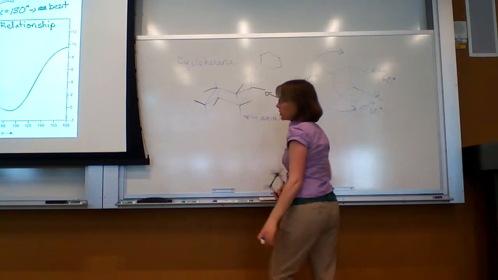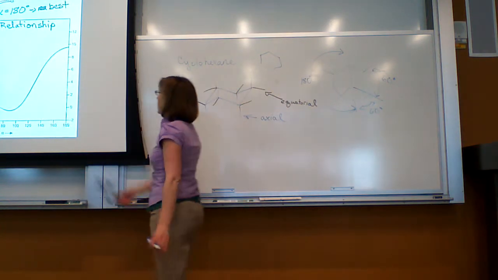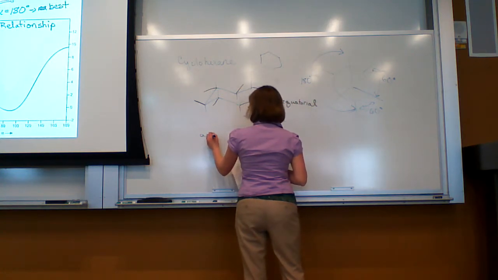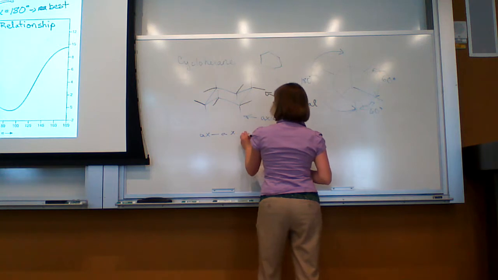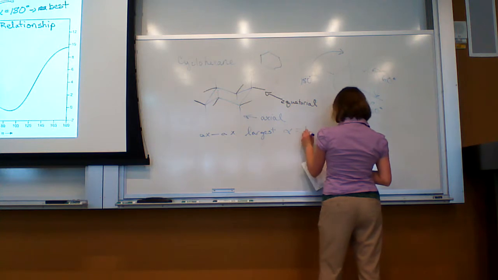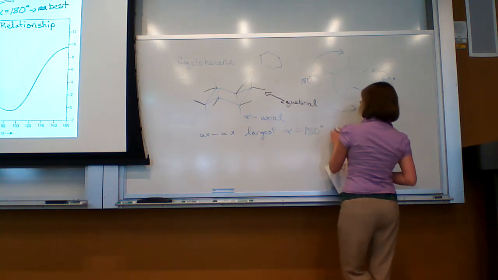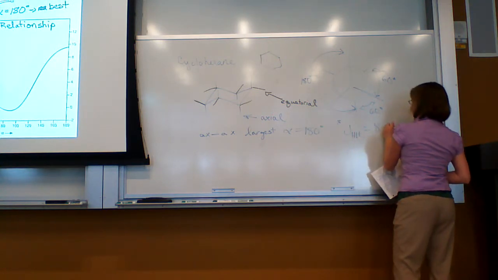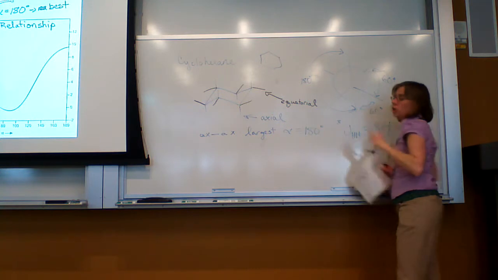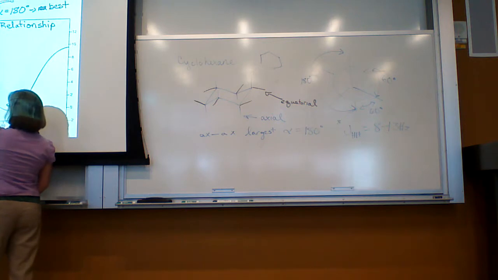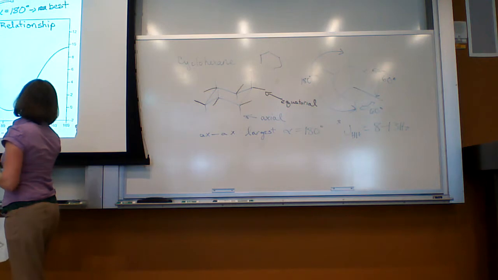Going back to the Karplus, the 180 has the highest coupling constant. Generally, if you have an axial-axial interaction, this is going to be our largest coupling constant, alpha equal to 180, and our J3HH is going to be somewhere between 8 and 13 hertz for that axial-axial interaction. Our 60 interaction drops off significantly from either 0 or 180.